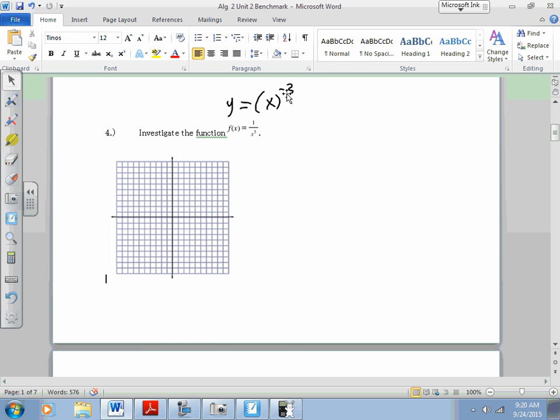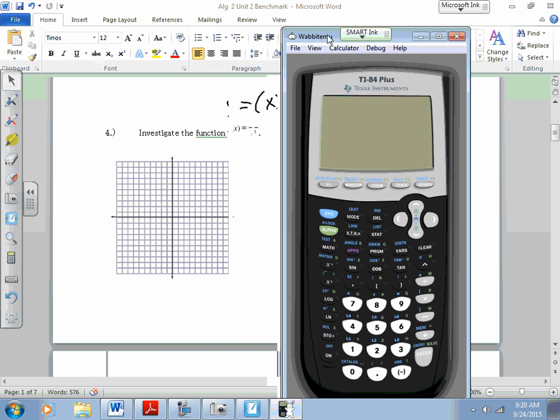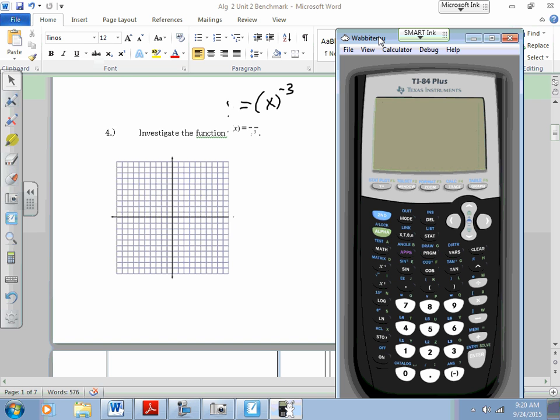So I'm going to go ahead and type mine in. When I turn it on, I'm going to hit the y equals button. I'm going to clear that, and I'm going to type in x to the minus 3 power. Delete that. Graph it. Zoom up.